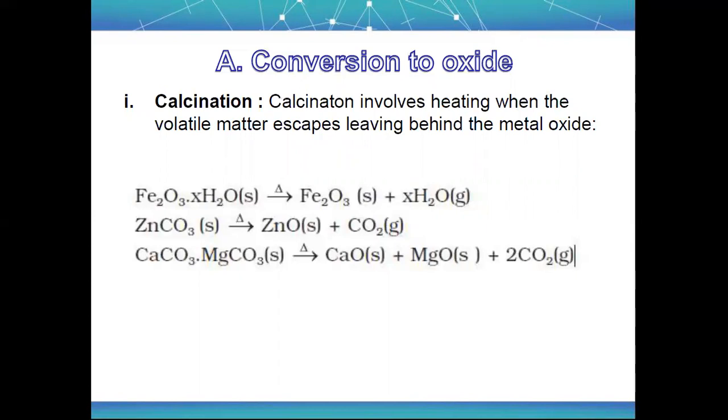When you keep on heating your ore, since the metal has a high melting point, the temperature at which the bond in the metal breaks is very high compared to the bond between a metal and a gas. So when you keep on heating, the volatile part will escape out from the system.